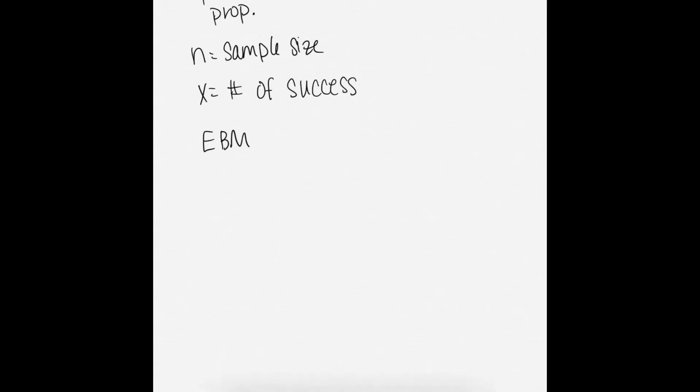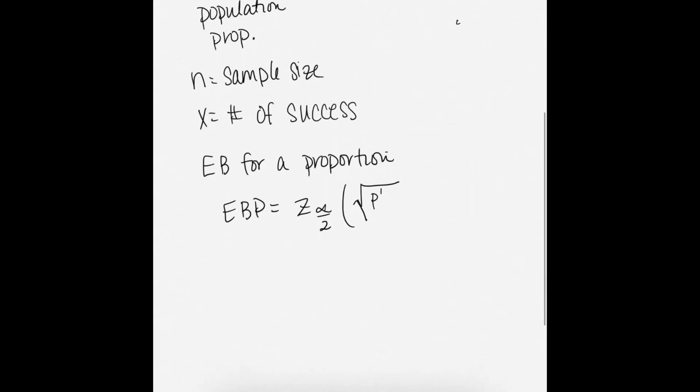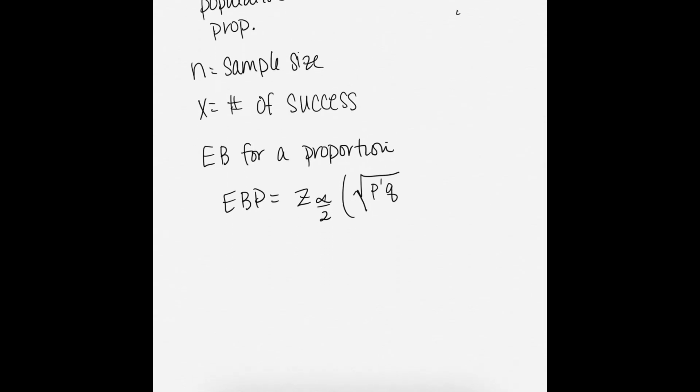It's the error bound for a proportion, EBP. The error bound for a proportion is found by EBP equals that same z of alpha over 2, meaning that tail, times the square root, the entire thing is under the radical, of p prime, our estimated proportion of successes, times q prime, which is 1 minus p prime, divided by n.